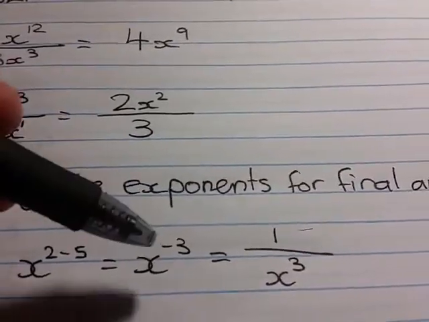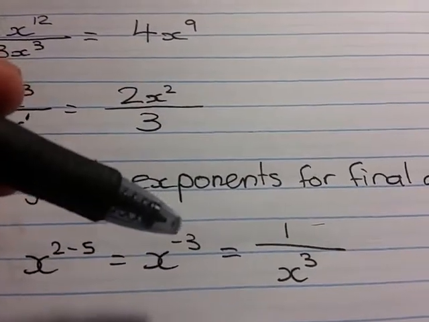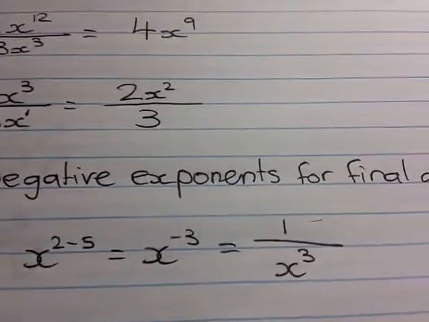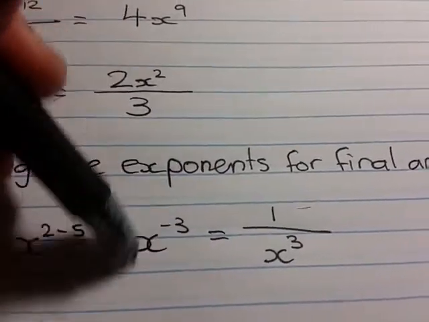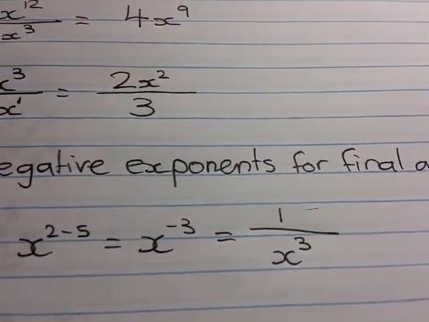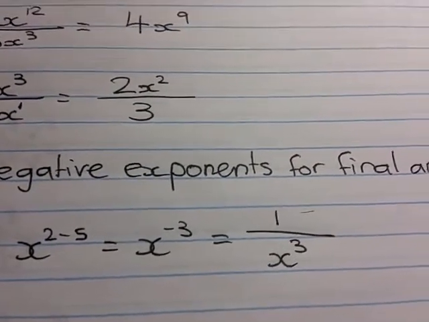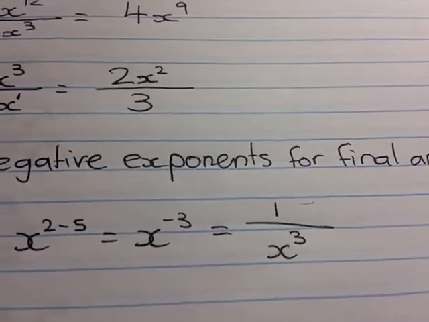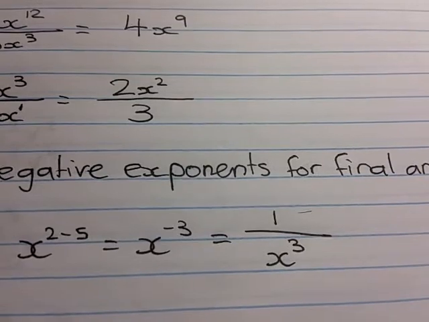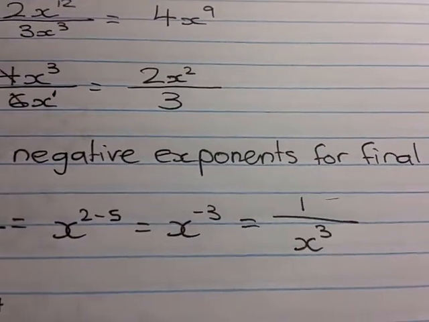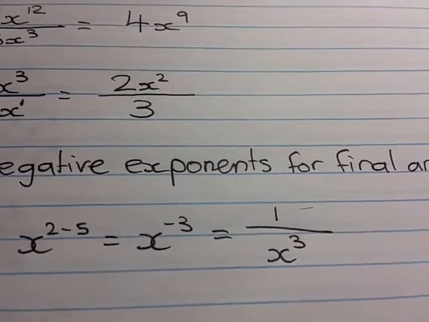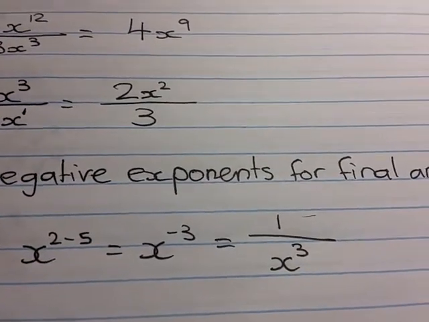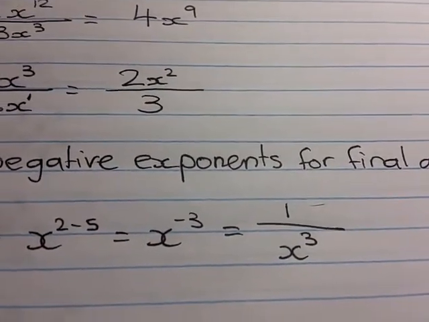This is actually regarded as a completely separate law that I'm showing you in this video. If you have something to a negative exponent, you can actually turn that into a denominator with a positive exponent. So x to the negative 3 can be rewritten as 1 over x to the positive 3.